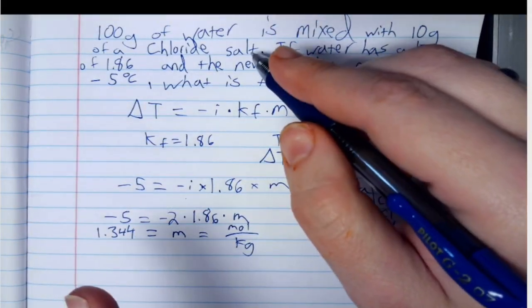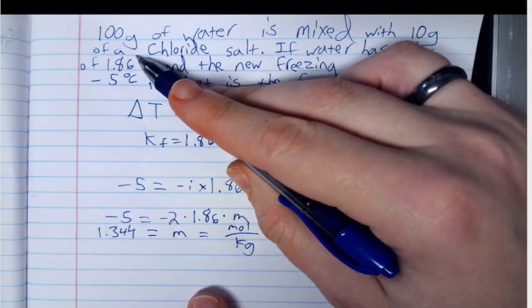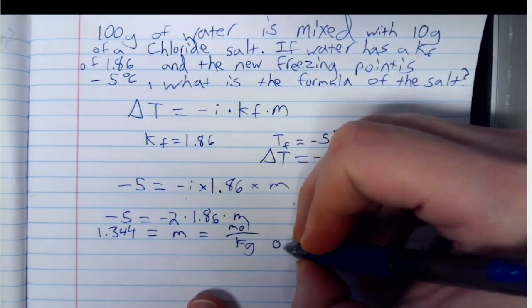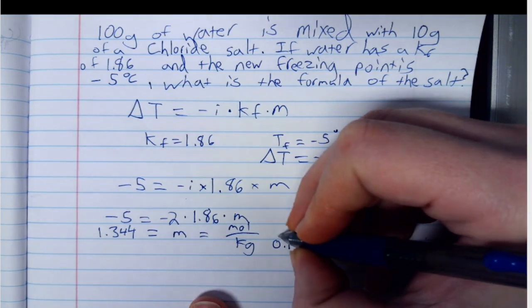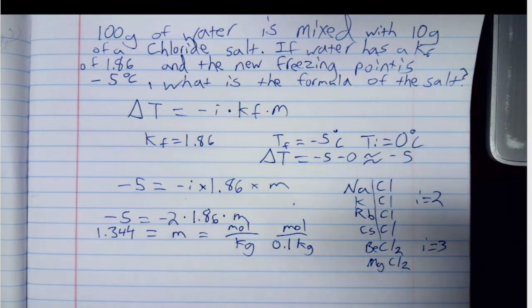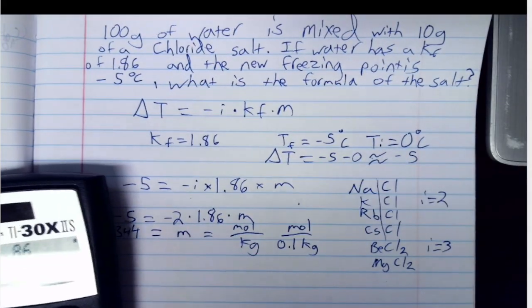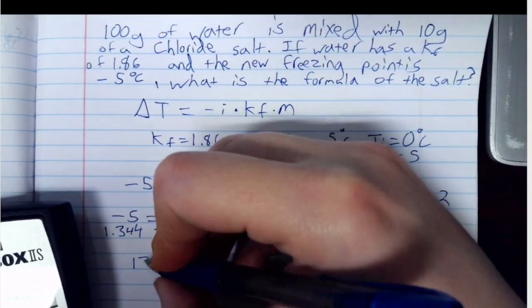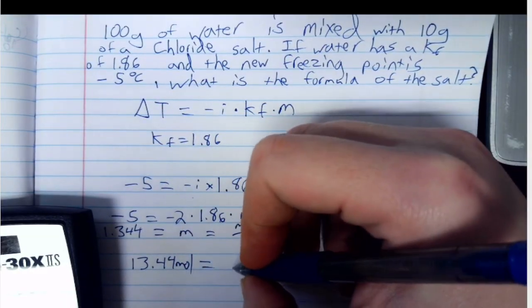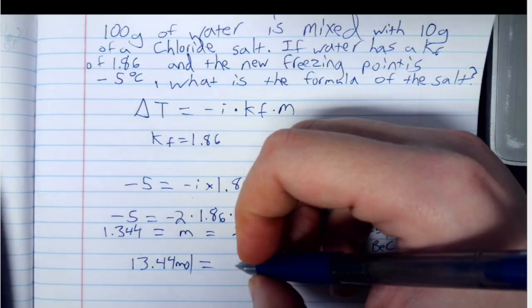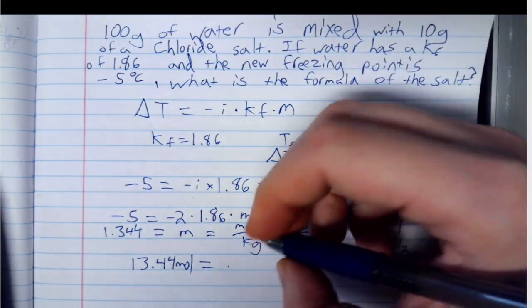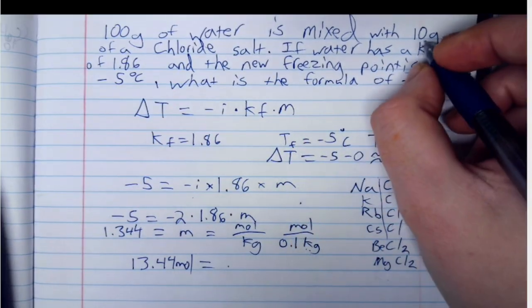Now we're told that the kilograms of solvent is 0.1 kilograms. So cross multiplying, you would get 13.44 moles in that 10 grams.